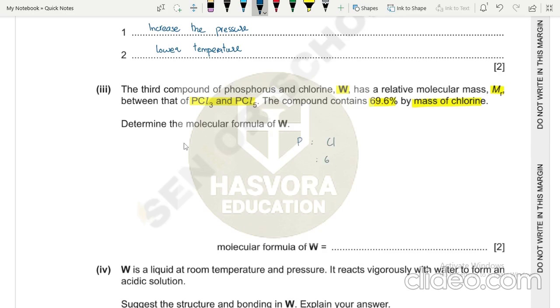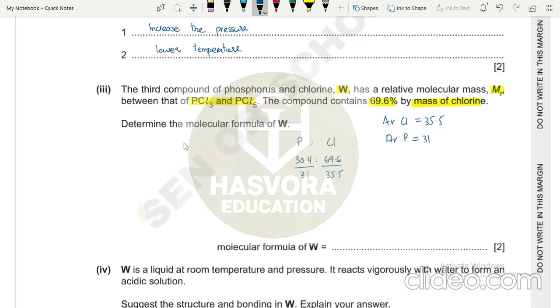If 69.6% is the chlorine, just subtract this from 100 to get the relative percentage by mass of phosphorus. It will be 30.4. This will be 30.4 divided by the Ar, which is 31, and here it will be 30.5 divided by... for Cl, the Ar of Cl is 35.5 in case you don't know, and the Ar of phosphorus is 31.